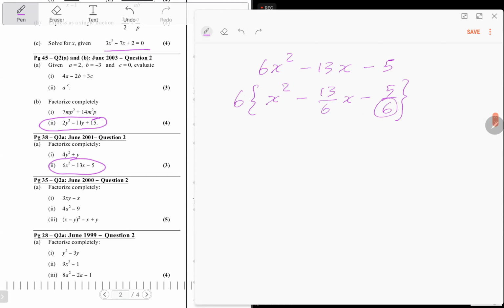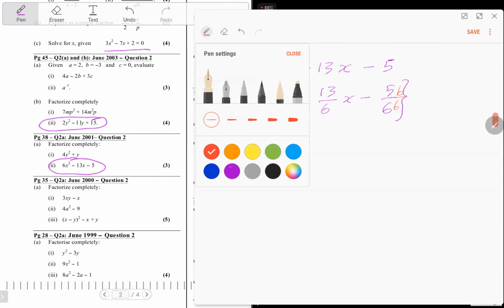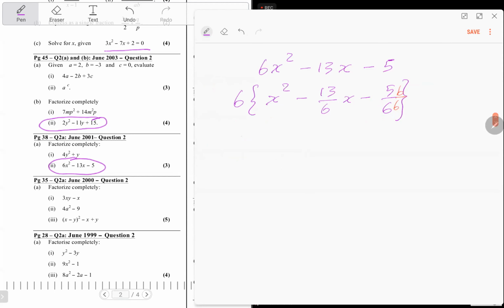For that, I'm going to multiply this number by 6 over 6, and I get 6 bracket x squared minus 13 over 6 x minus 30 over 36.